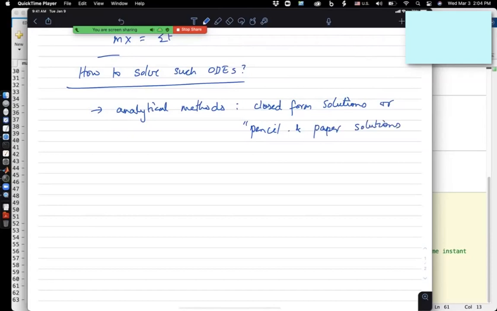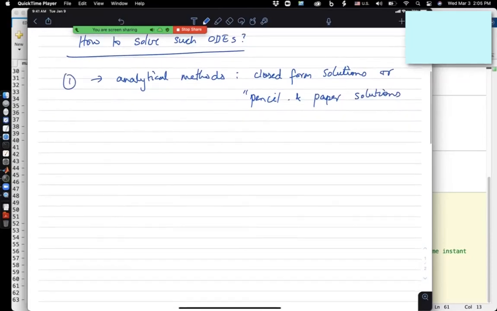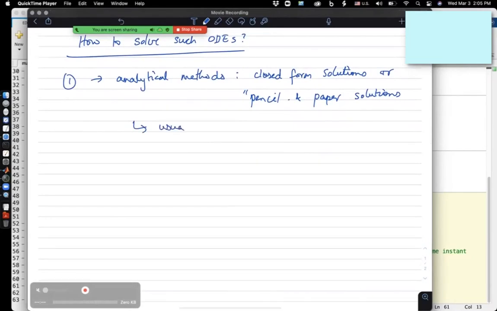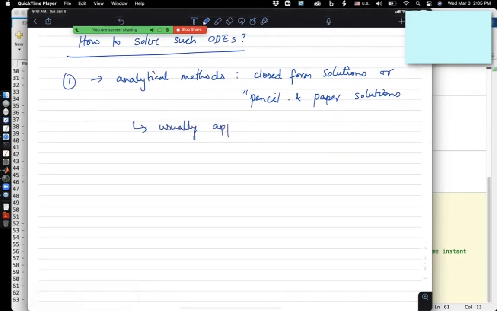So that's method number one, and usually applies only to simple problems, like one object moving, things like that.